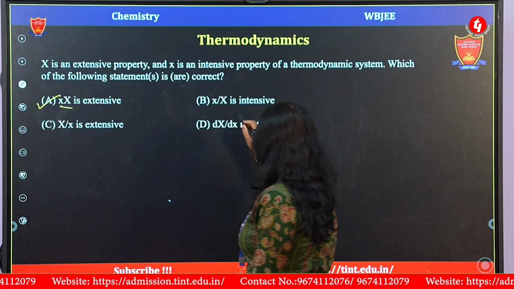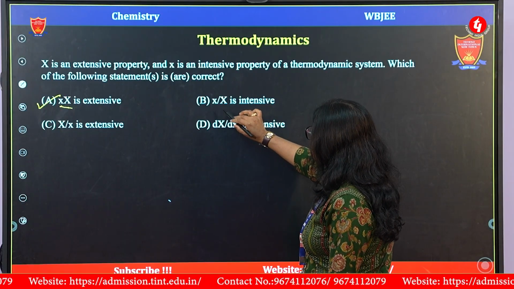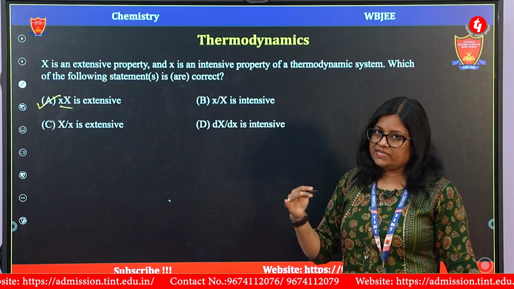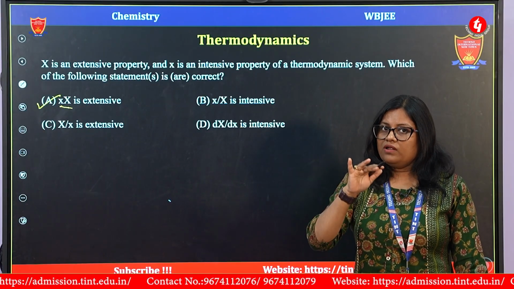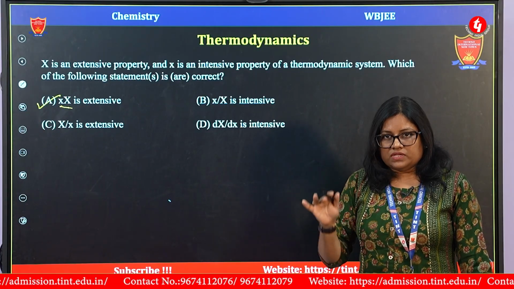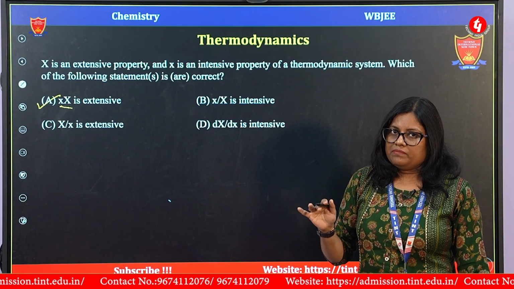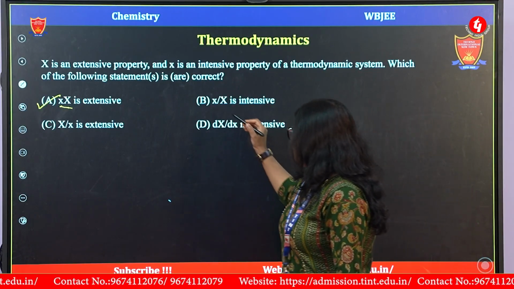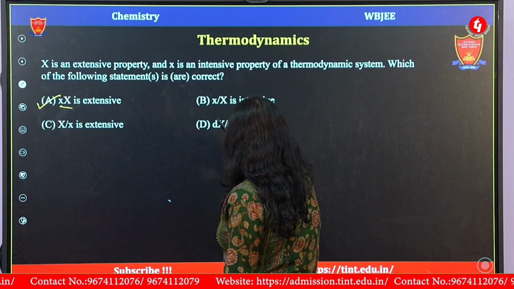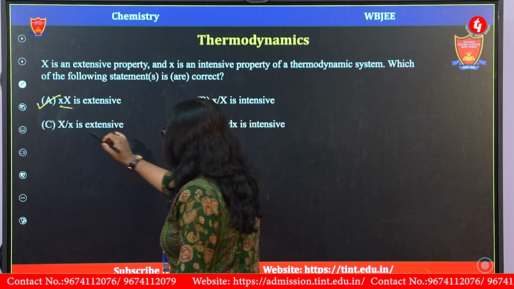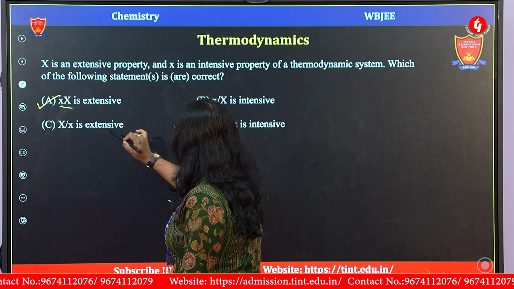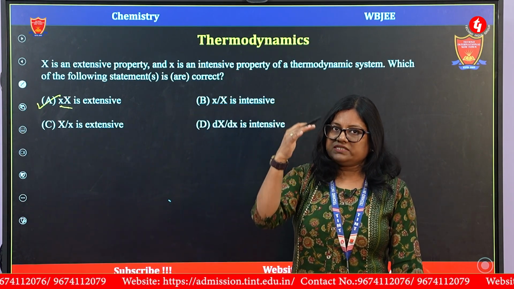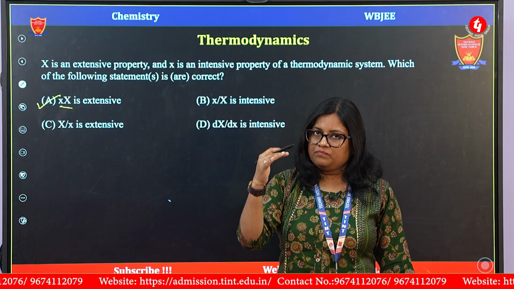Right. B, X by x, that is extensive by intensive, so the lower part is extensive. So, the overall will be, the process will be extensive property because one mass dependent property is there. So, this is intensive, this is not correct. C, X by x, that is extensive by intensive, the upper part is extensive property, that is mass dependent property.